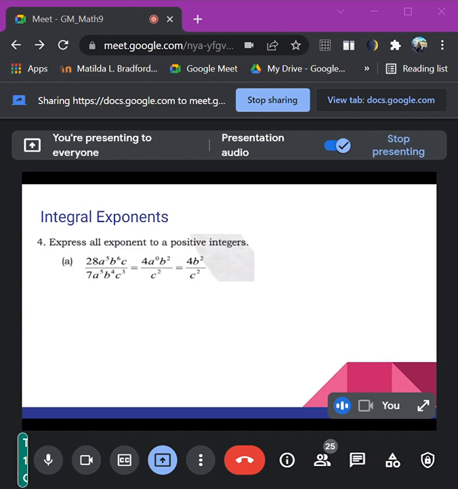So, akong kopyahon ha. 28a5 and then you have there b6c over 7a5 and then b4 and then c3.